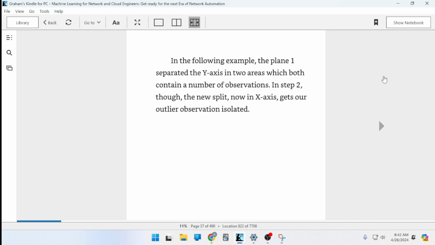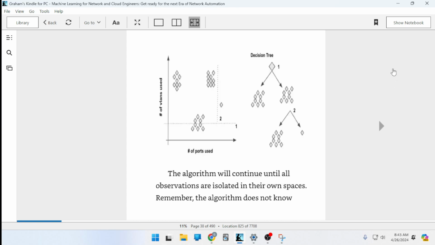In step 2, though, the new split, now in x-axis, gets our outlier observation isolated. So now we split it into another plane. We've got it labeled here, 1 and 2, and the outlier is even more isolated, I guess. I don't think I understood that right. But continuing on, the algorithm will continue until all observations are isolated in their own spaces.